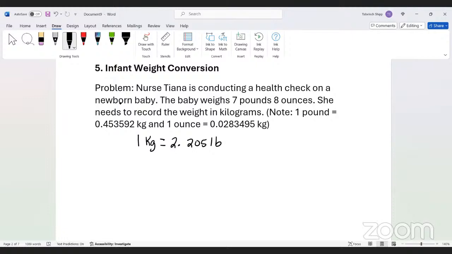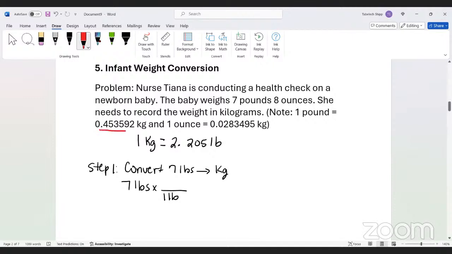So for the first part of what we're going to do, we're going to actually take the 7 pounds. So step 1, convert 7 pounds to kilograms. So for that one, we're going to say 7 pounds times, and again, on the very bottom, 1 pound, and on the very top, we're going to use this conversion here, okay?